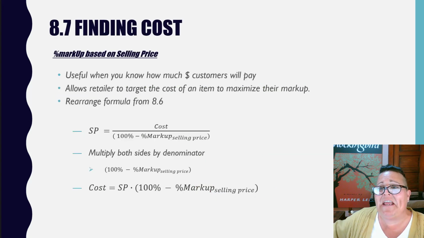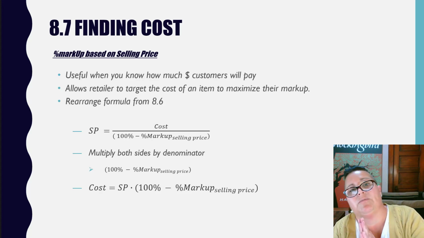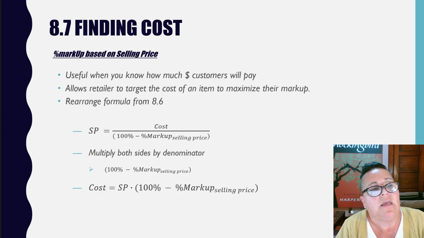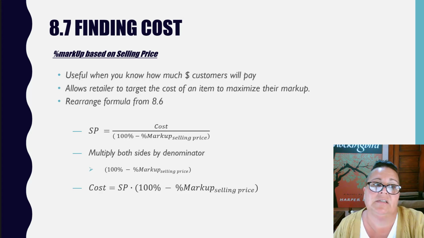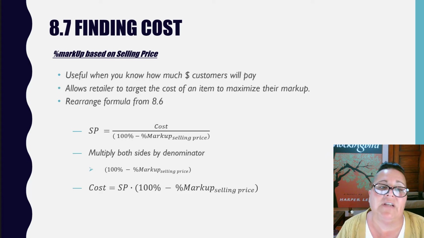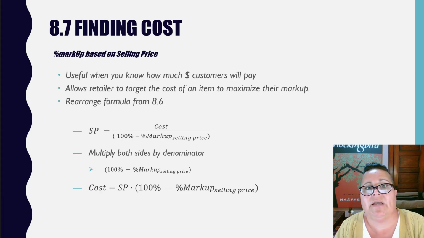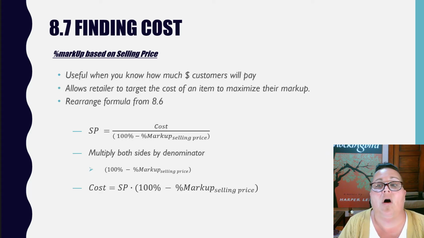All right, looking at 8.7, we're going to talk about finding the cost when we have a percent markup based on selling price. This is most useful, as I mentioned earlier, when you know how much money customers will pay for an item. It allows the retailer, the forward-facing sales, to target the cost of an item in order to maximize their markup. So all we're going to do for this is rearrange the formula from 8.6.